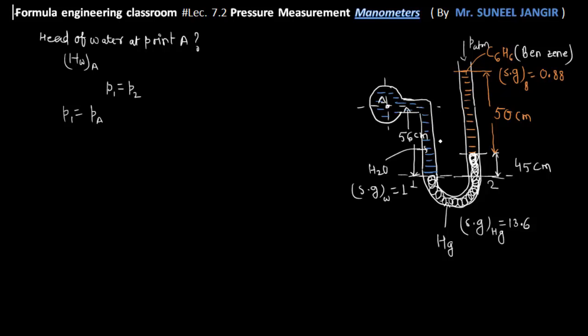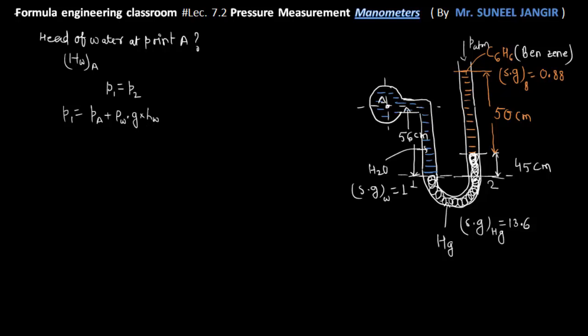Now as we are going down here, obviously when we are moving in depth, the pressure intensity increases, and this is water, so we'll write plus rho of water into g into H of water. Up to this point, this is rho g h according to hydrostatic law. So at the point 1 the pressure intensity is PA plus rho of W into g into H of W.